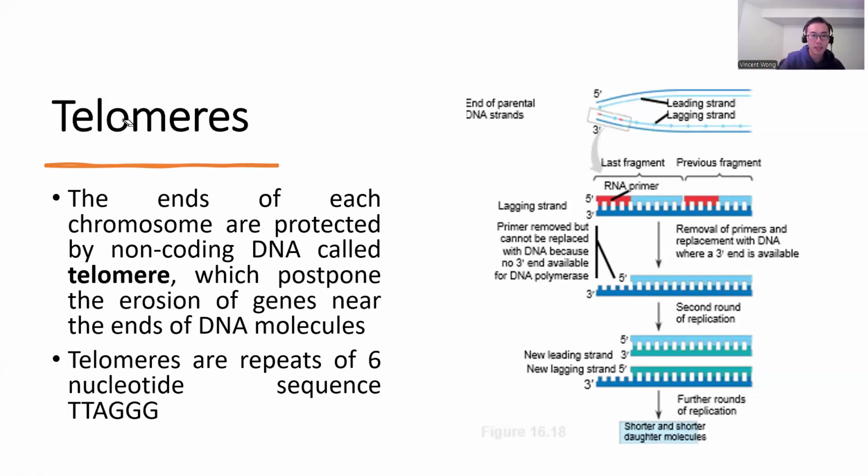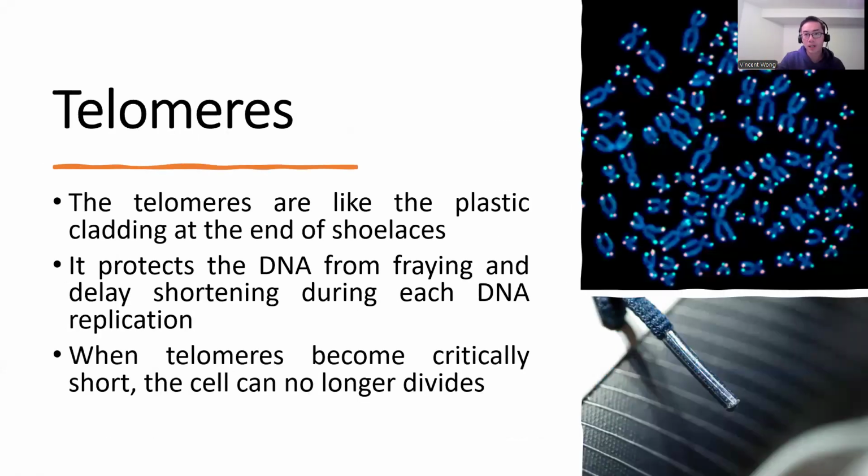Okay? Telomeres. They are just repeats of 6 nucleotides. Okay, TTAGGG, TTAGGG, TTAGGG, repeated many, many, many times. And they are located at the ends of each chromosome.